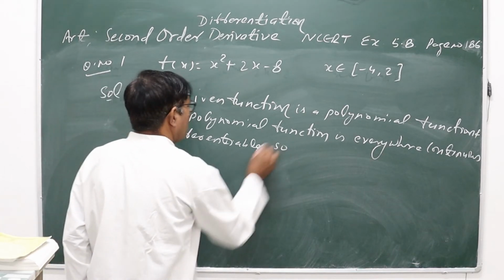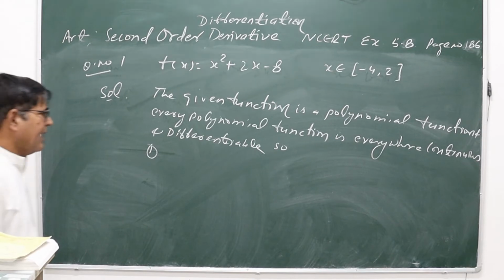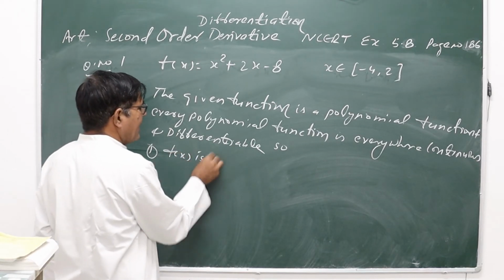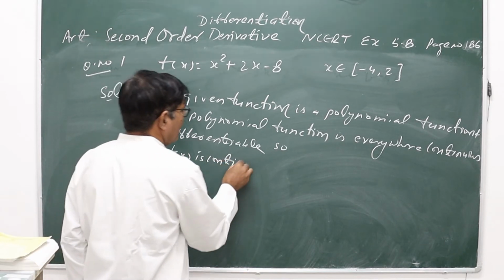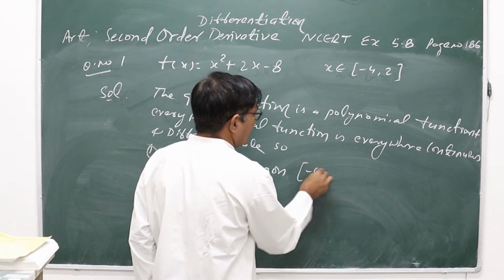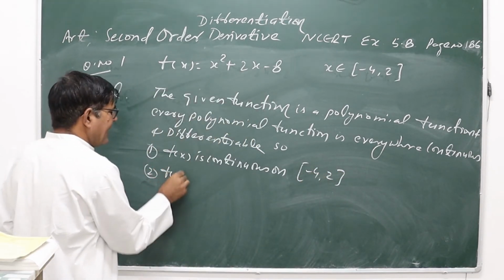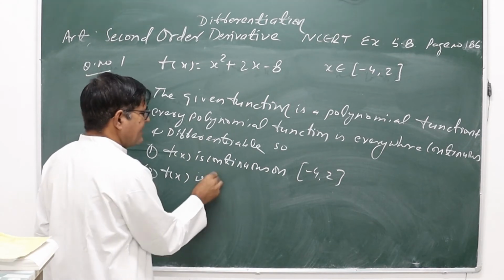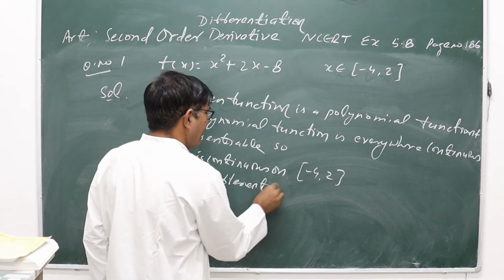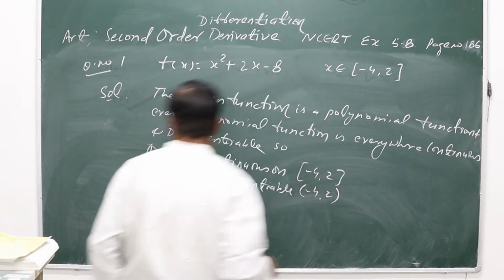So f(x) is continuous on the closed interval [−4, 2]. Then the second condition: f(x) is differentiable on (−4, 2).